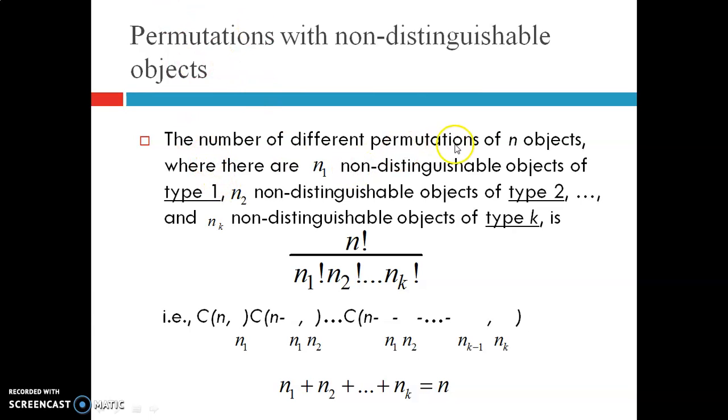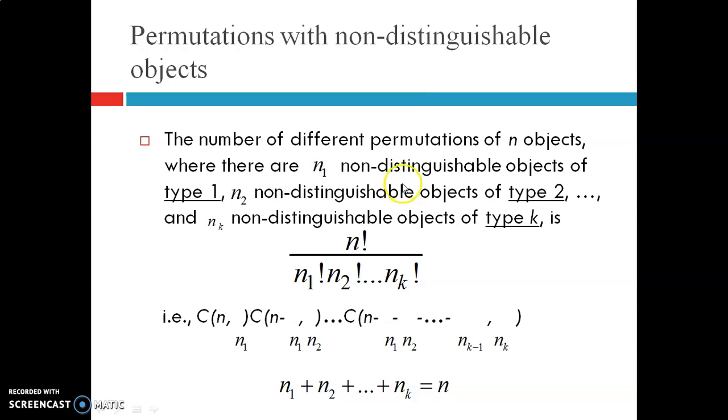The number of different permutations of objects where there are n1 non-distinguishable objects of type 1, n2 non-distinguishable objects of type 2, likewise up to nk non-distinguishable objects of type k, is obtained by the formula n factorial divided by n1 factorial times n2 factorial up to nk factorial.